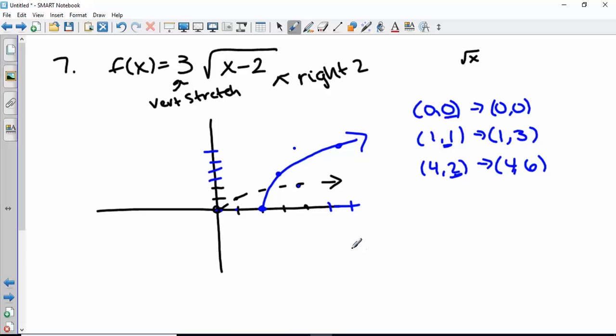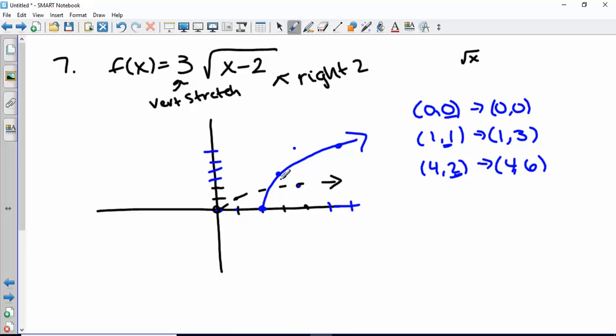When in doubt, if you're really confused, you could always just plug some numbers into this original. If I plug a 2 in up here, I get the square root of 0 times 3, which is 0. If I plug a 3 in up here, I get the square root of 1, which is 1, times 3 is 3. If I plug a 6 in, I get the square root of 4, so 2 times 3 is 6. So you can always double check yourself.